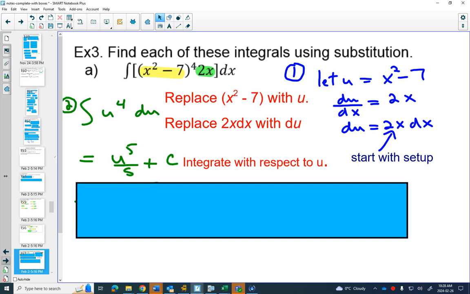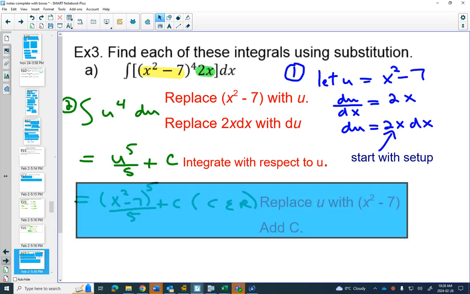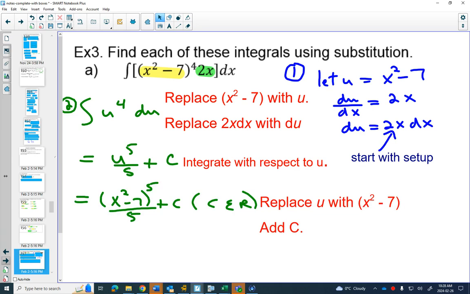Once you've got the integral with respect to u, we could substitute back now and say, well, what was u? U was just x squared minus 7. We can substitute that back, and now we have our final answer.